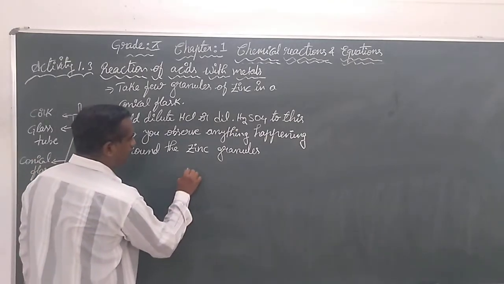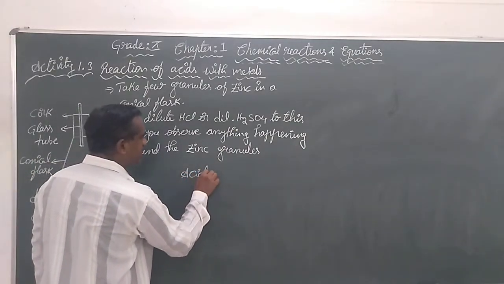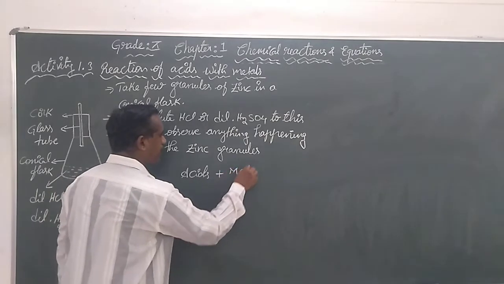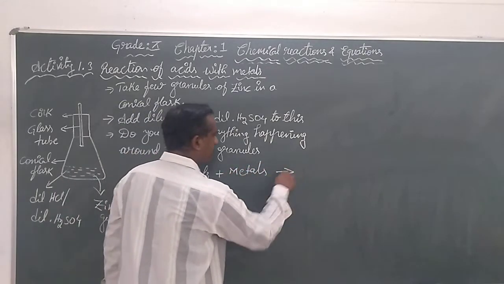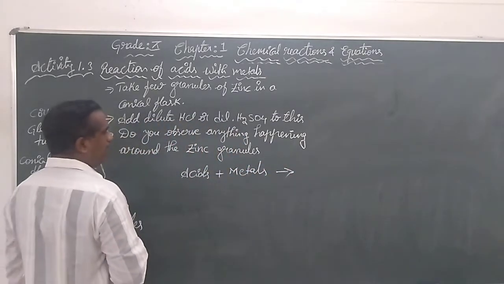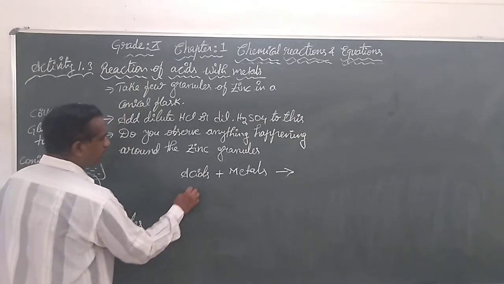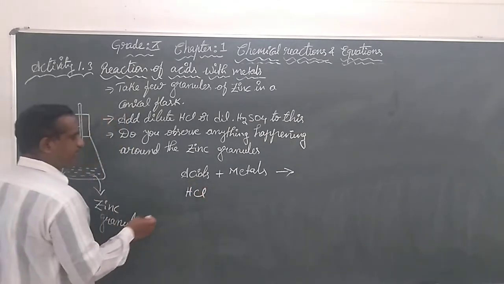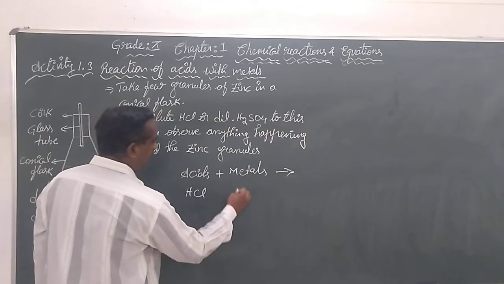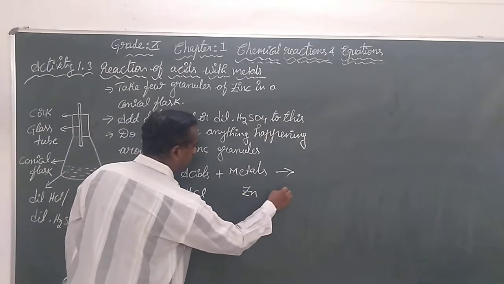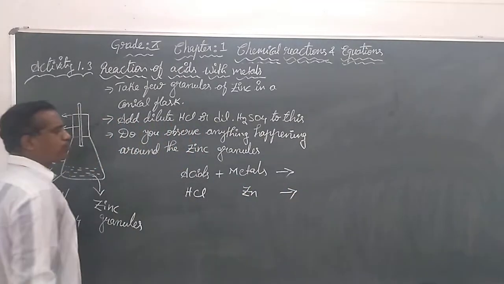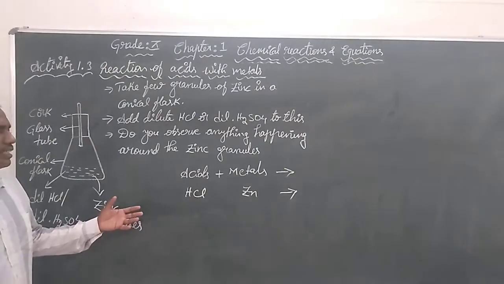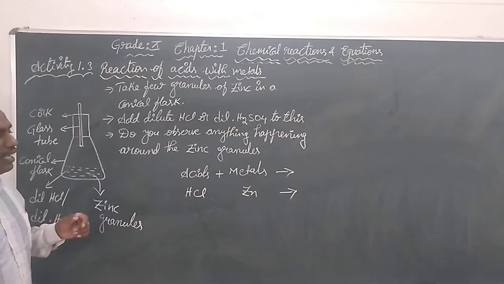Previously we learned that acids react with metals, like our curd and the container. Now similarly we have dilute hydrochloric acid and our metal is zinc. We want to observe what is the possibility here.